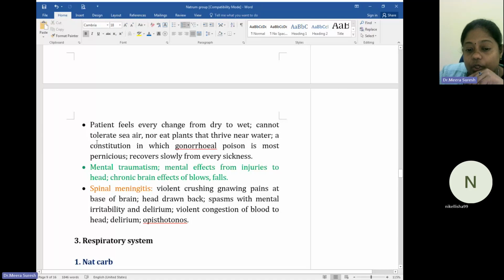A constitution in which gonorrheal poison is most pernicious and they recover slowly from every sickness. So psychotic miasm is more prominent in case of natrum sulph.